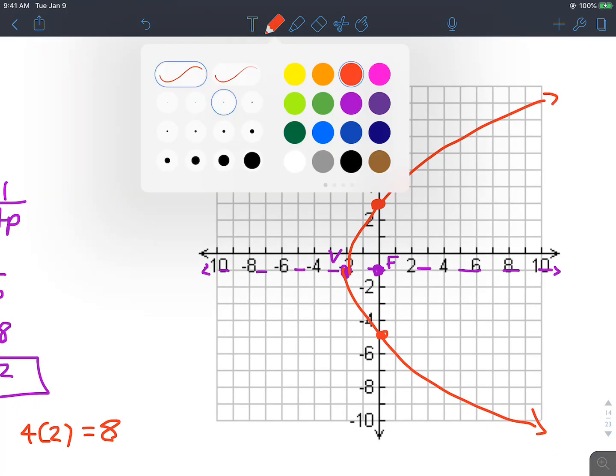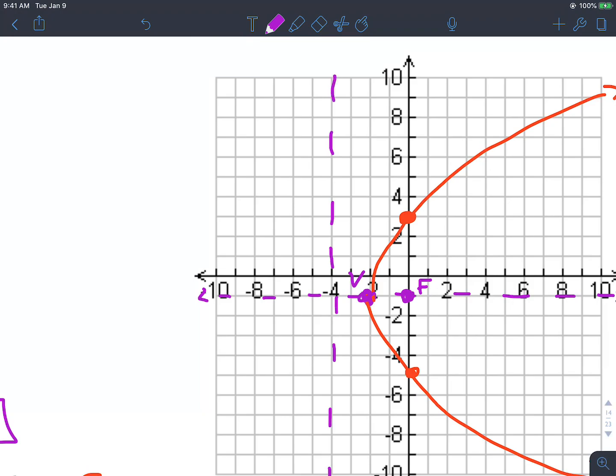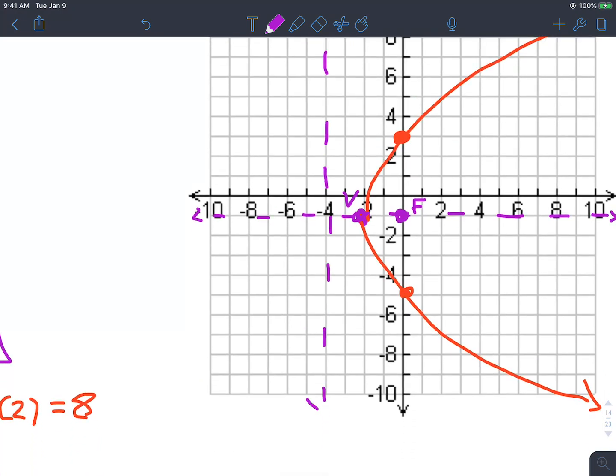And then let me go back and do a better job here of getting the directrix. The directrix line is the same P distance from your vertex as the focus, which is 2 units. So from your vertex to your directrix needs to be 2 units as well. And then I'll do another dotted line kind of like that. Typically I'll do a dotted line for the directrix.